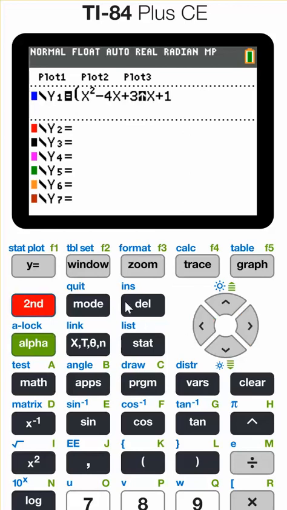So second, insert, and put a parenthesis in there. And we need to put one in here. You can see it's almost just easier to type the whole thing over again, but the key is to put in the rational function with the parentheses around the numerator and denominator if there's more than one term in either or both.